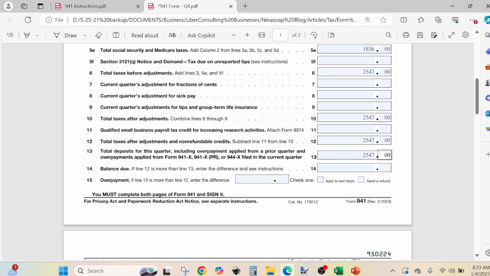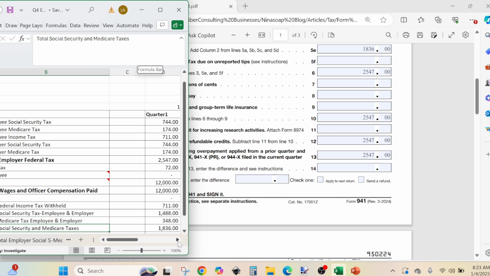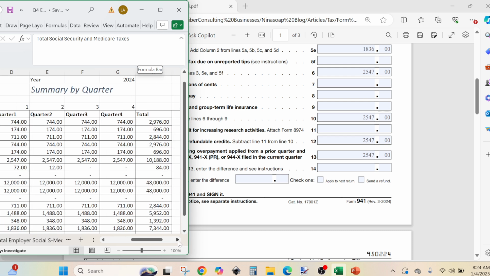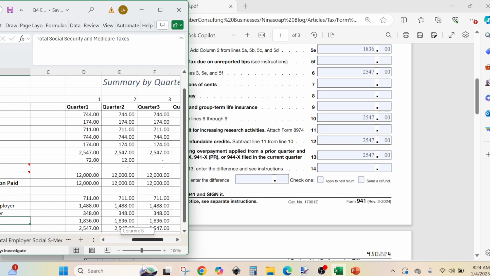In this example, where line 12, the total tax liability, equals line 13, the total tax deposited, the difference between the two is 0. Therefore, we do not put anything on line 14. We do not put anything on line 15. Again, let's pull our payroll record out to see the total. Okay, total tax liability 2547. It is accurate.